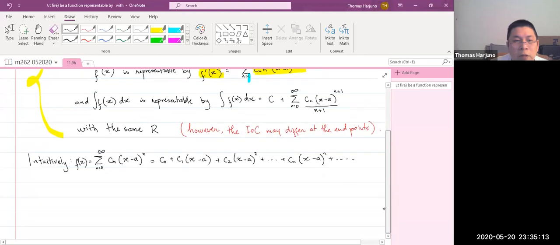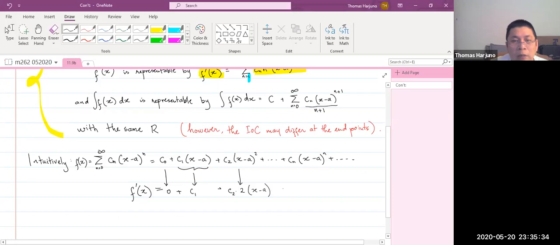Then the derivative of that function will be, this guy will become 0. This guy will become just c_1. This guy here becomes c_2 times 2 (x minus a), all the way to c_n times n (x minus a) to the n minus 1.